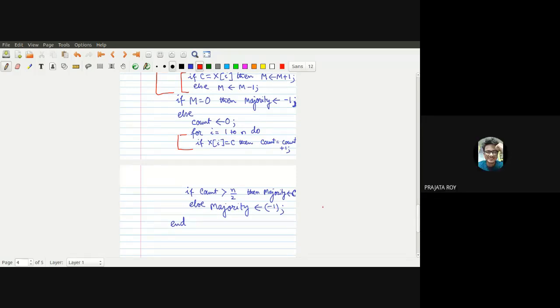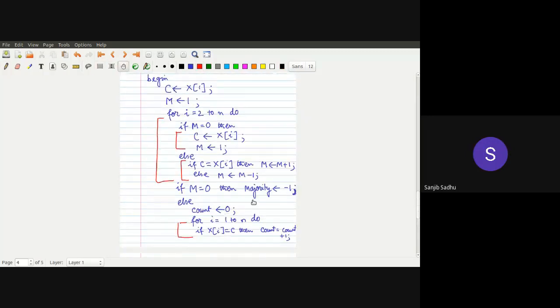Now, how many total comparisons are required? Once we are finding m, to find out the candidate, first tell me how much time it takes to find this majority.